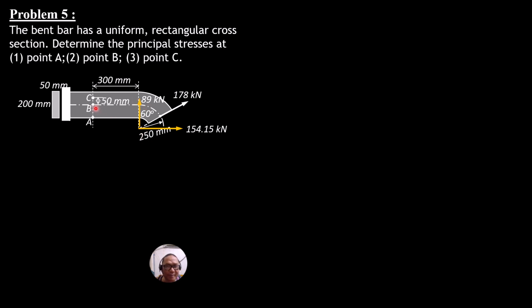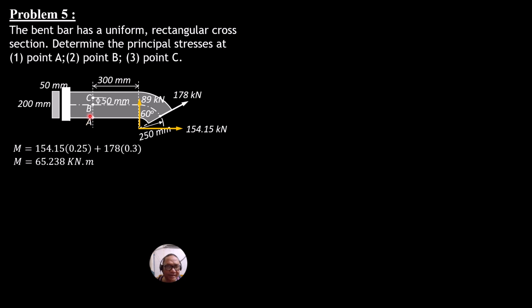So the moment at the neutral axis of the section is 154.15 times 0.25 meter, plus 89 times 0.3. That means the moment is equal to 65.238 kilonewton meters.